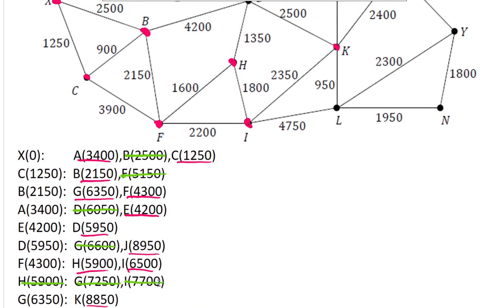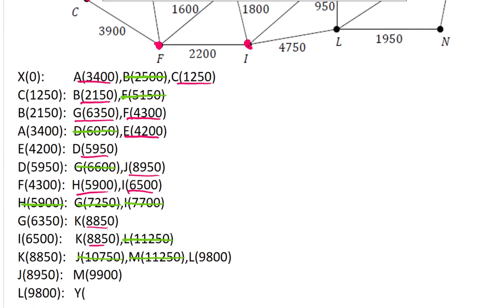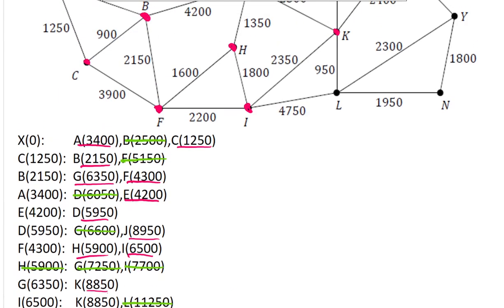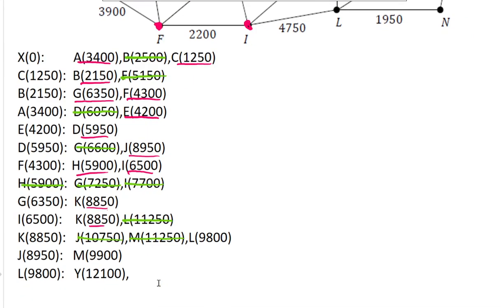And so from L it's 2300 to Y and 1950 to N. So Y is 2300, which is 12100, and then to N 1950, which is 11750.